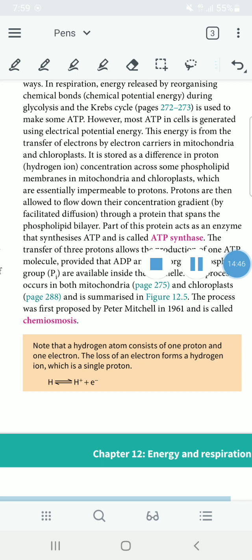Protons are allowed to pass through by facilitated diffusion into the mitochondria or chloroplast, down the concentration gradient.